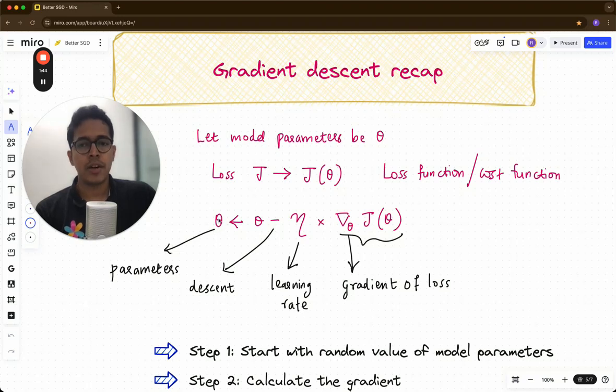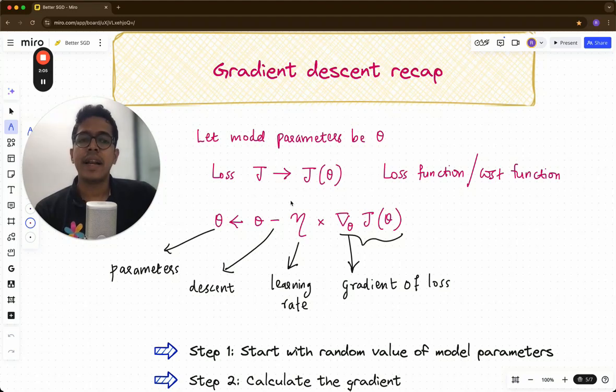The new value of theta equals the old value of theta minus the learning rate times the gradient of the loss function itself. The learning rate tells you, okay, you calculate the gradient, but by what extent do you want to take a jump from the previous value of theta to a new value of theta?